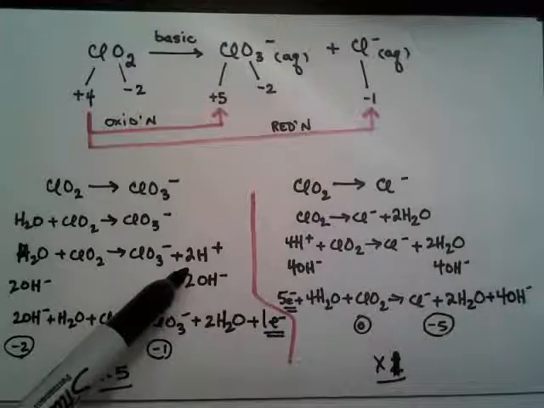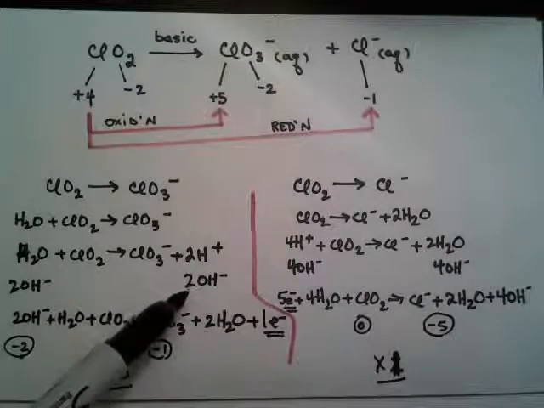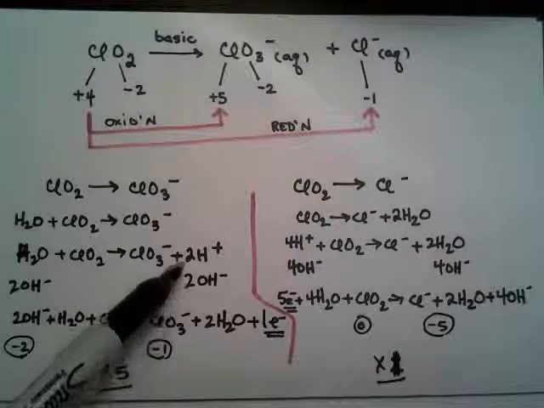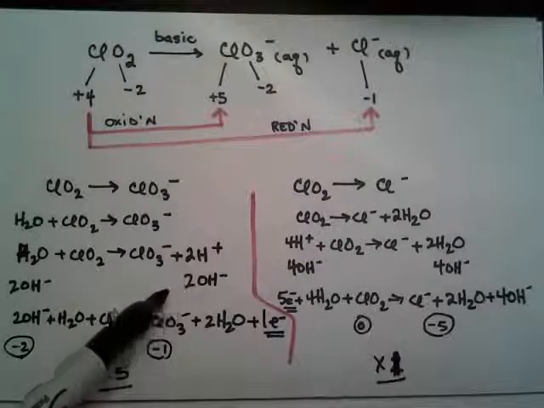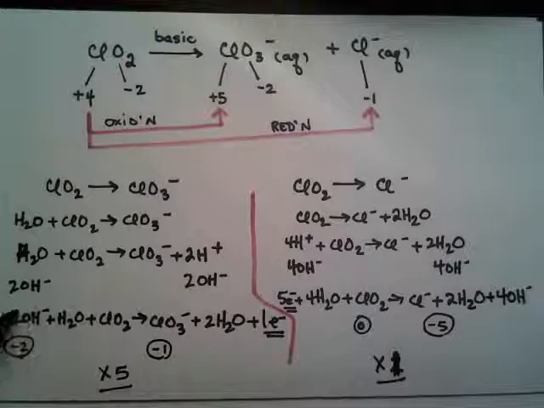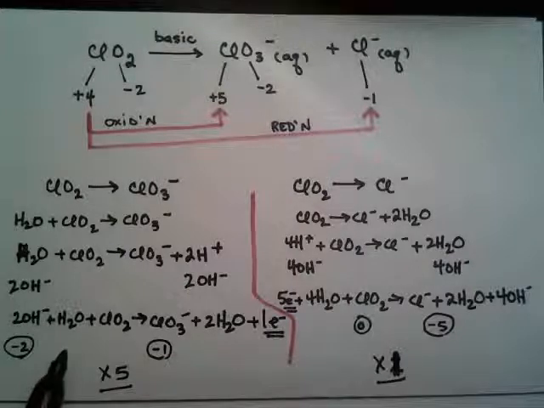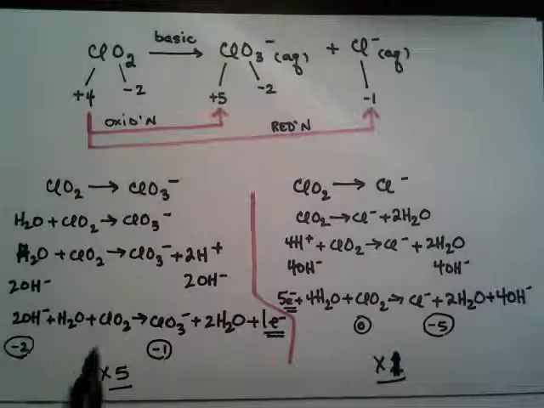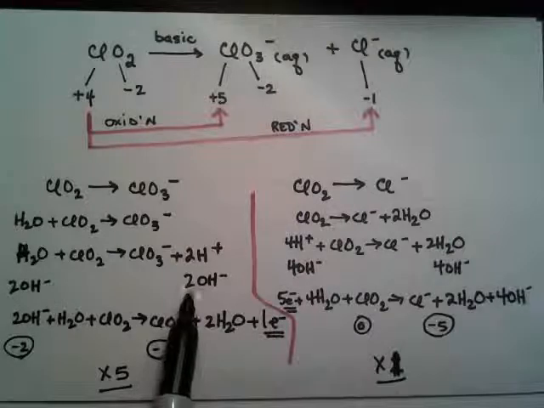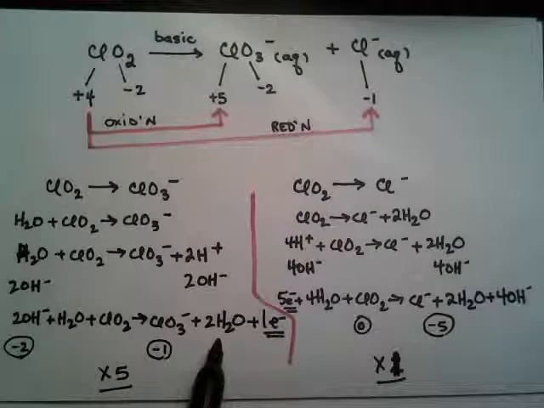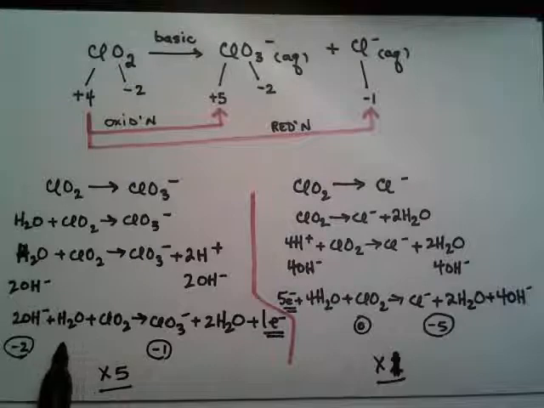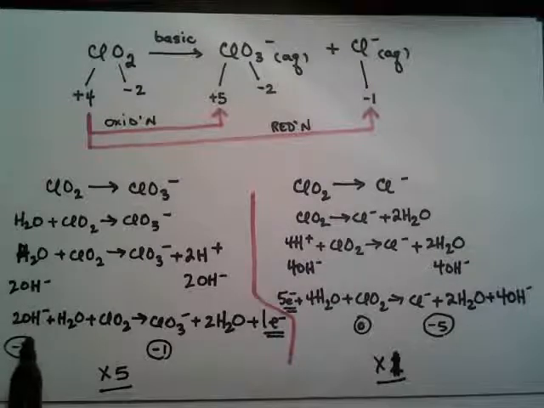It's a basic medium, not acidic, so I have to account for that by adding the same number of hydroxide ions to each side, and then tidying up a bit because 2H+ and 2OH- is 2H2O. Okay, so that's where I get this.